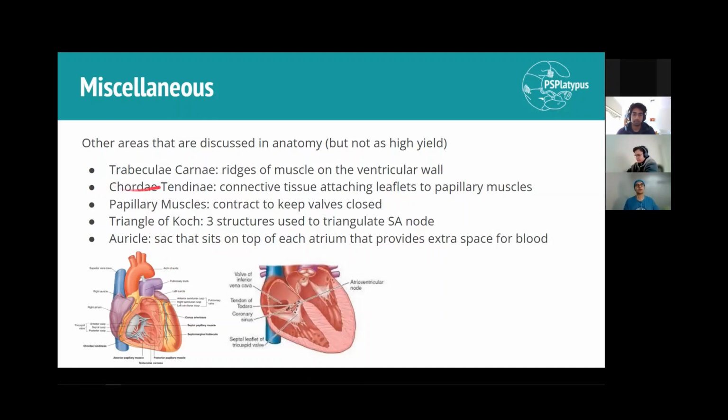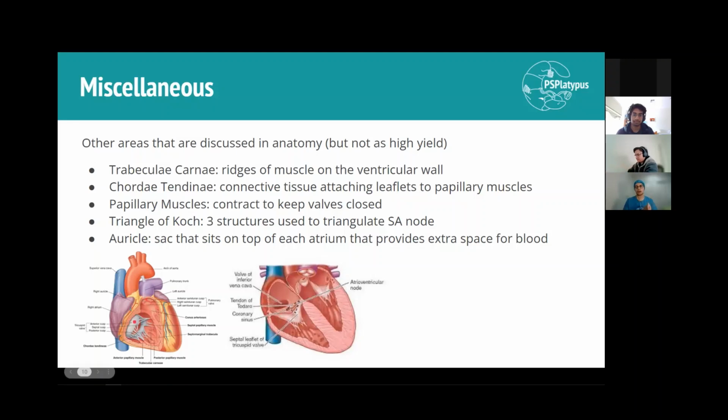Chordae tendineae refer to the actual connective tissue that attaches the leaflets of those valves to the papillary muscles. One thing that we talked about was those valves. We didn't really talk about the microstructure of the valves, probably because it's not that important in terms of the clinical aspect. But when we come to the microstructure, the way the atrioventricular valves work is that they have these papillary muscles to help keep them shut.